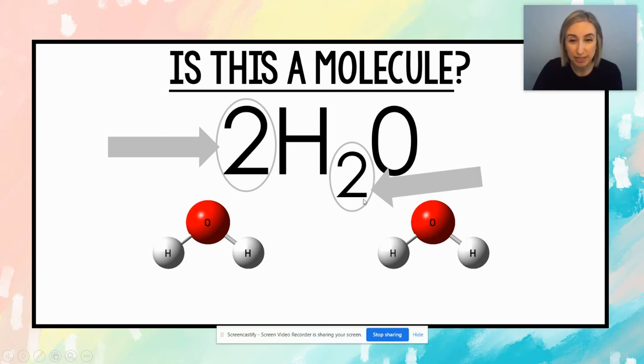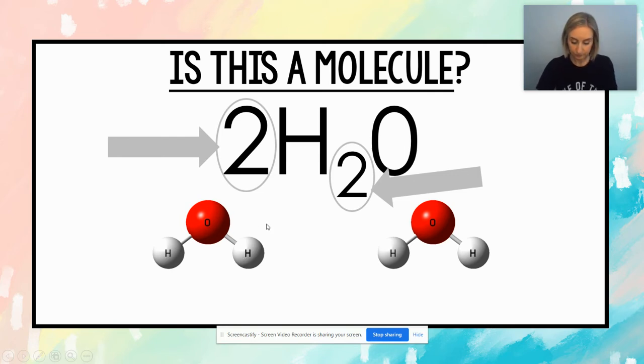When you see little numbers like this little 2 right here after the H, that tells you how many atoms of that element you have. So the 2 is right after the H, so that means you have 2 hydrogen atoms in that molecule, and the O for oxygen doesn't have anything, so that just means that you have 1. And that's what you can see down here. There are the 2 different molecules, and in each one you have 2 hydrogen atoms and 1 oxygen atom.